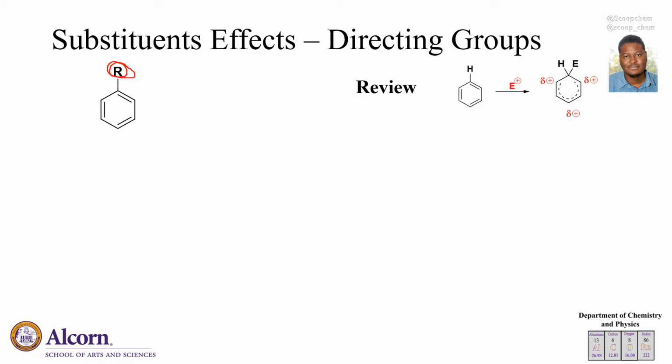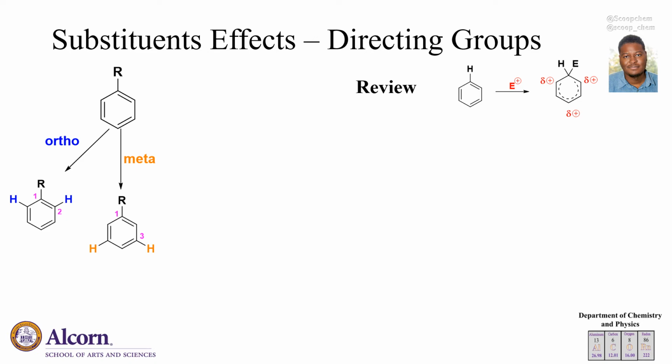So now I have an R group on the ring, okay? And this is going to lead to 3 new positions that we need to really investigate. The first, I can have a 1-2 relationship to my substituent, or I can have a 1-3 relationship to my substituent. The 1-2 is known as the ortho position, and the 1-3 is known as the meta.